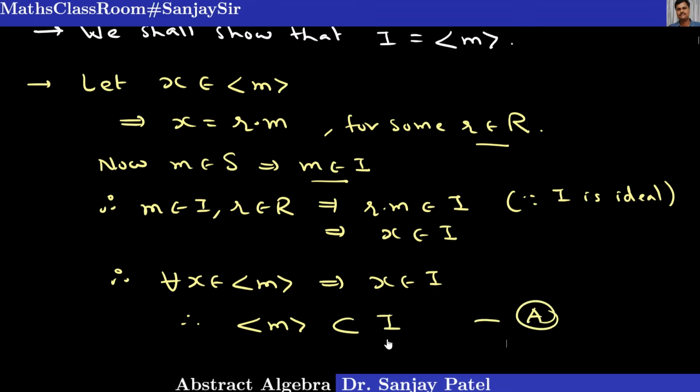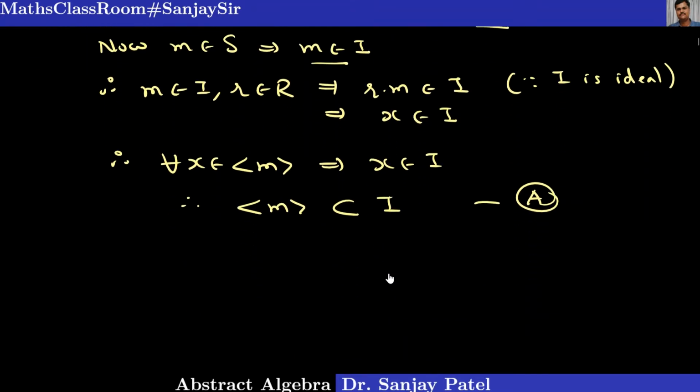Now to prove the reverse inclusion, I start with any element in the set I and I will show that it belongs to the ideal generated by small m. So let us take X belongs to I, be arbitrary.